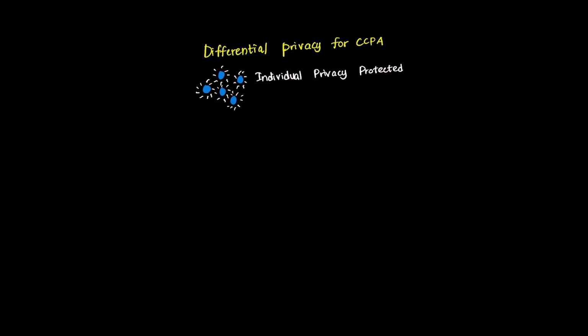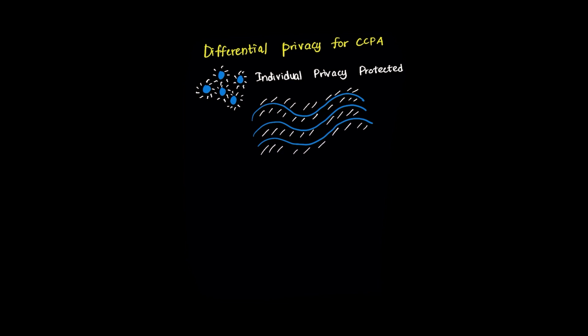Differential privacy emerges as the gold standard for CCPA compliance in machine learning. This technique adds carefully calibrated statistical noise to data in a way that preserves overall patterns while making it mathematically impossible to identify individuals. Think of it like adding static to a radio signal, where you can still hear the song but can't identify individual instruments.